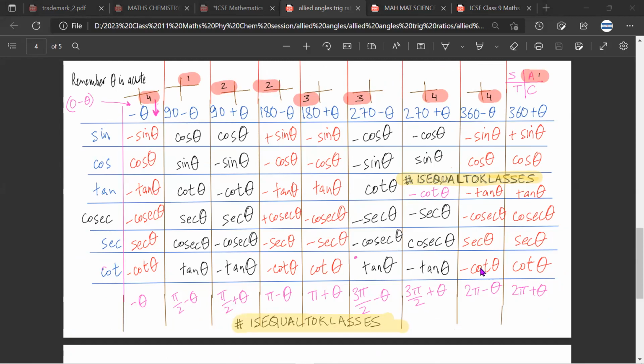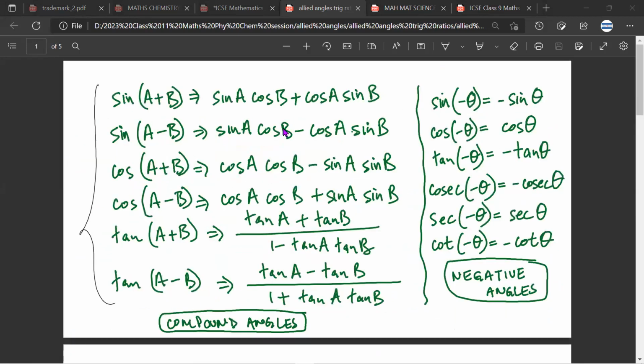To prove how the table is constructed, you need these six identities plus the graph that I have shown you, so that you have the value of each at 0, 90, 180, 270, 360. You have all. Have you understood?